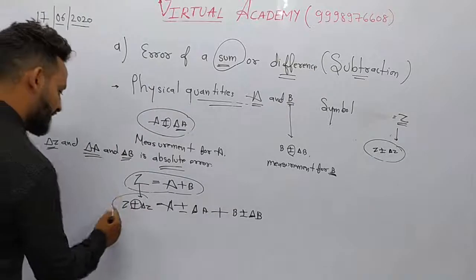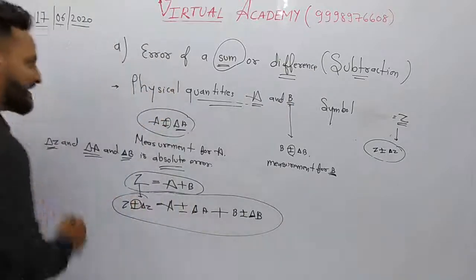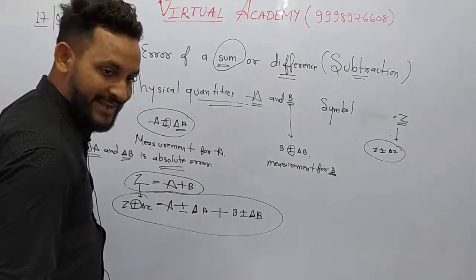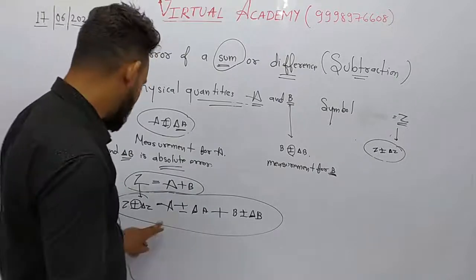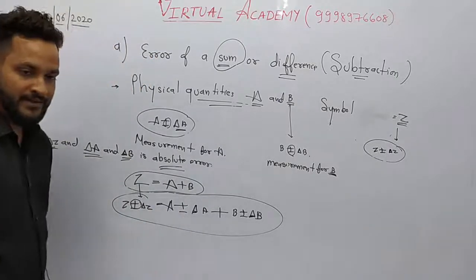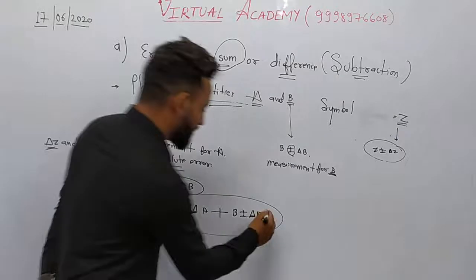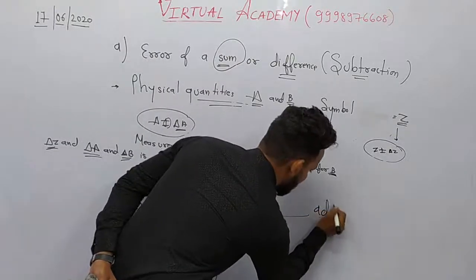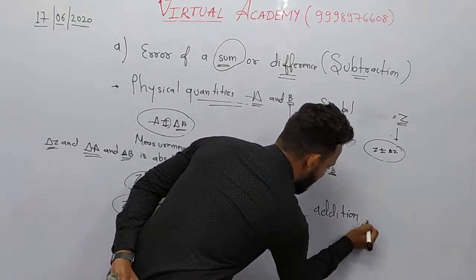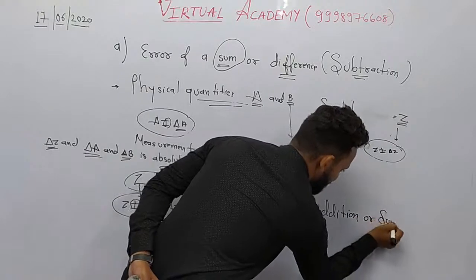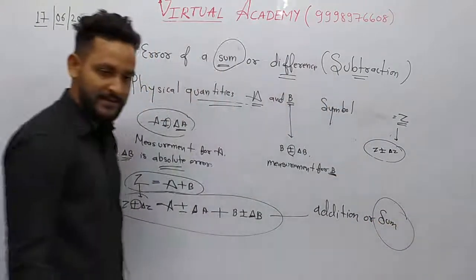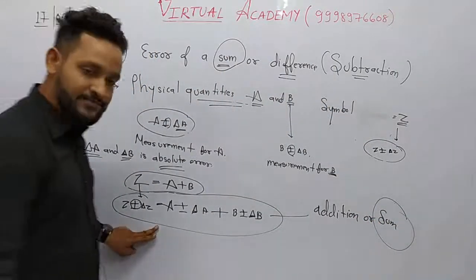It's the equation for addition. Now what about subtraction? This is the equation for our total addition, or sum. Clear, student?